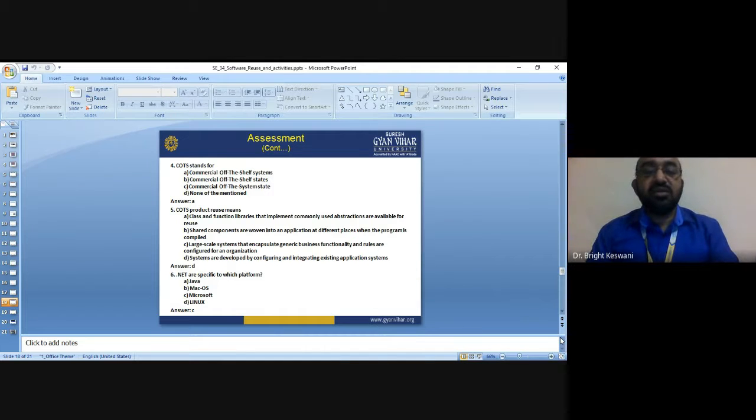COTS product reuse means what? Four options: classes and function libraries that implement commonly used abstractions are available for reuse. In the second, shared components are woven into an application at different places when the program is compiled.